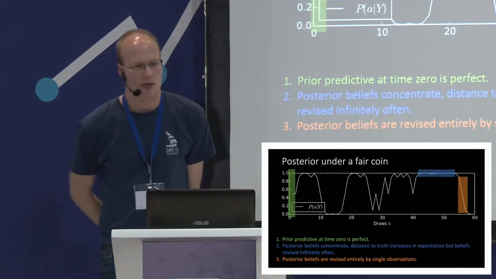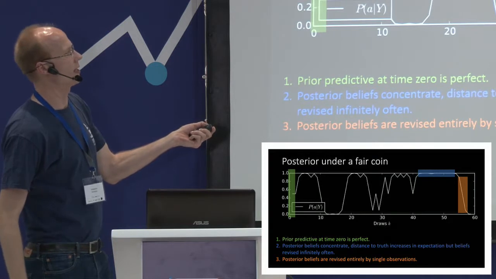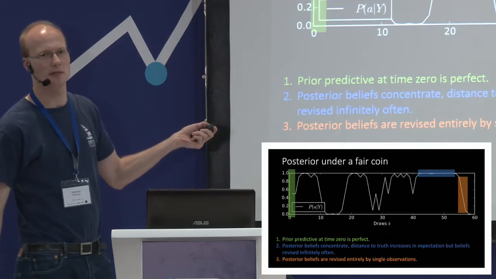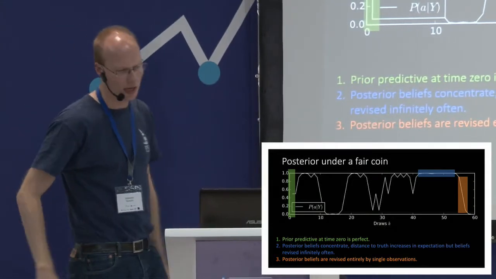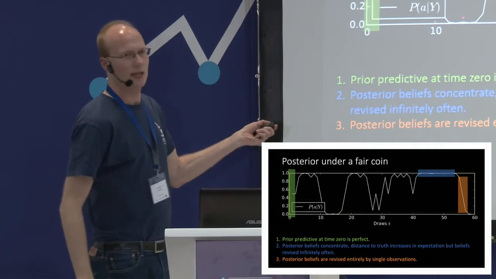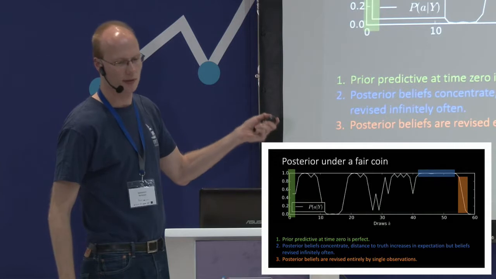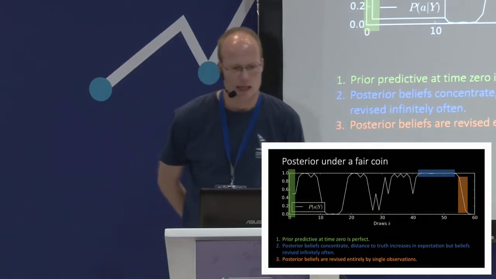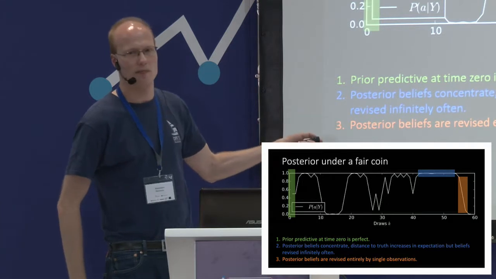But now, your posterior beliefs concentrate. You're very, very certain, for example here, that it is outcome A. 99.99% sure it's outcome A. However, you infinitely often revise your beliefs and are very certain it's outcome B. So it keeps jumping back and forth. And in fact, using a single observation, you can almost entirely revise your posterior beliefs.